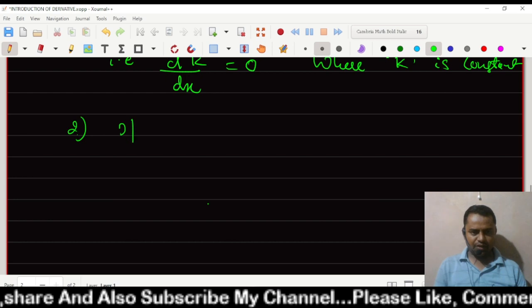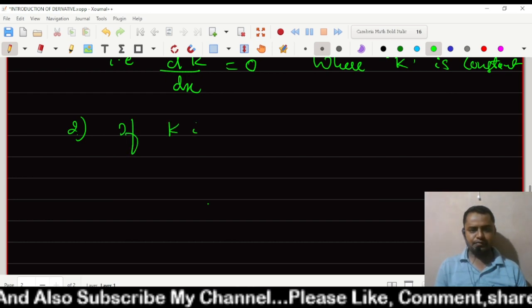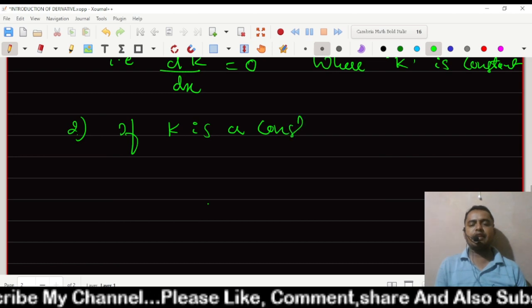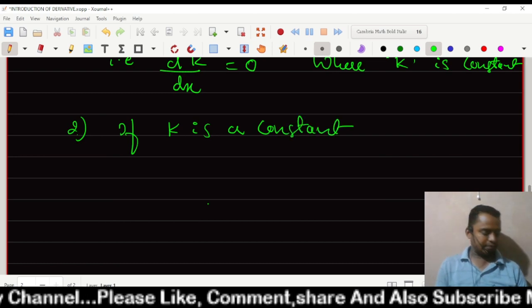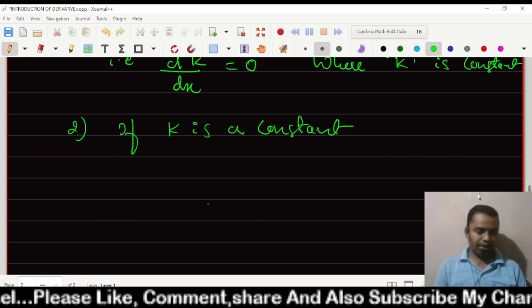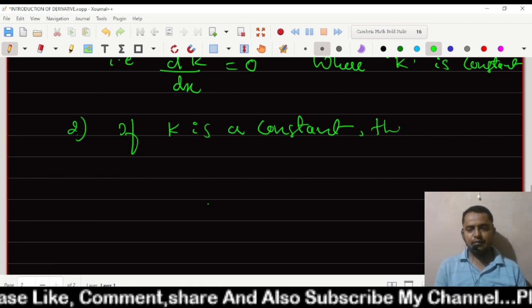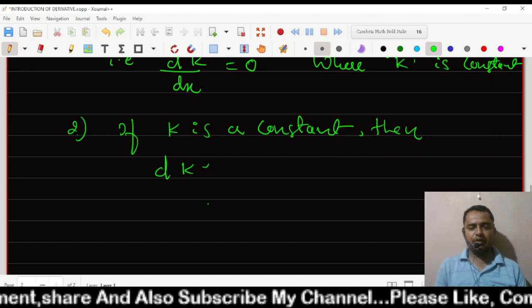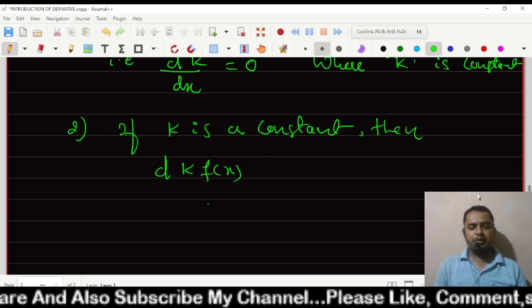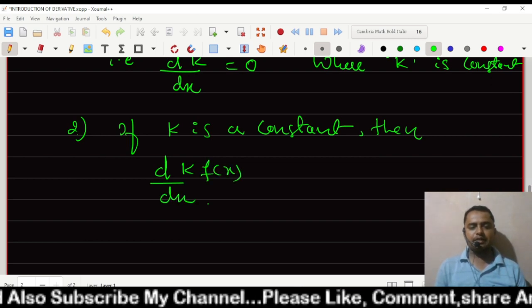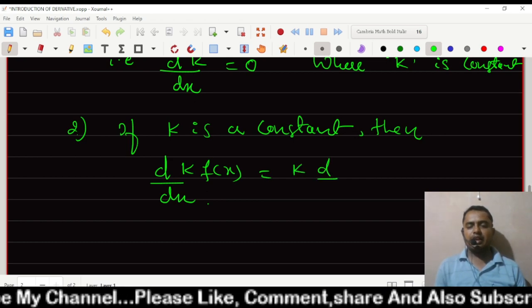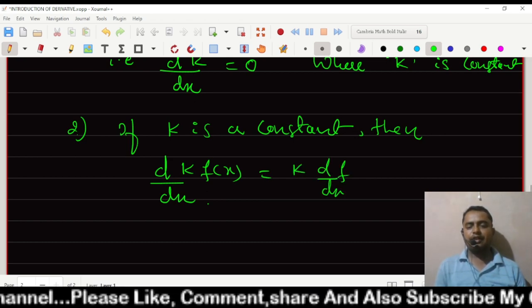In the second rule, if k is a constant, then the derivative of k into f of x with respect to x is equal to k into d by dx of f of x.